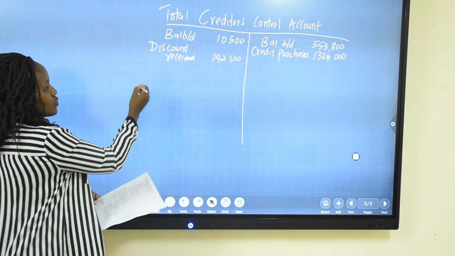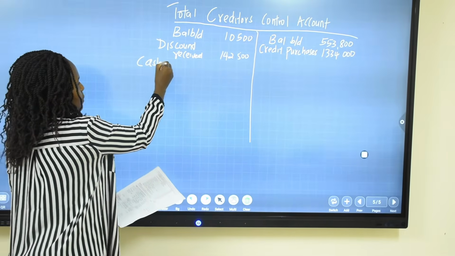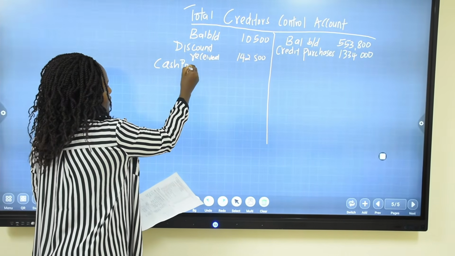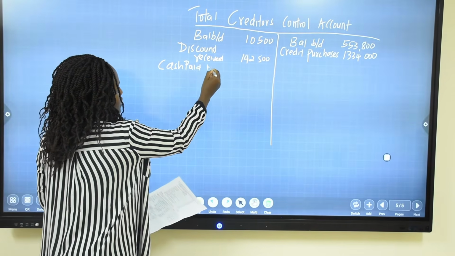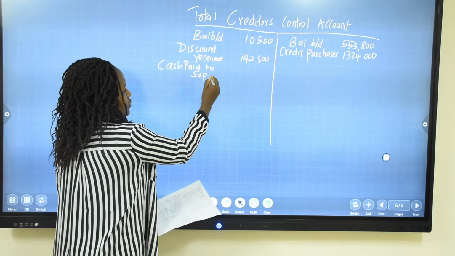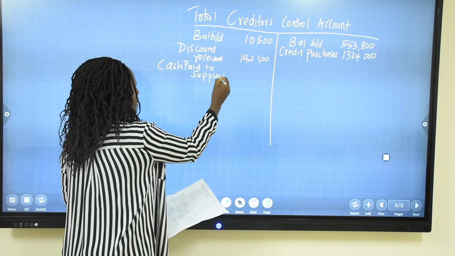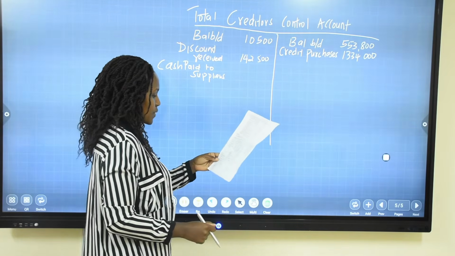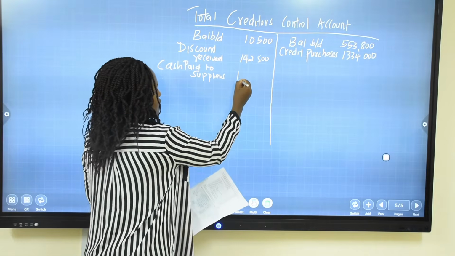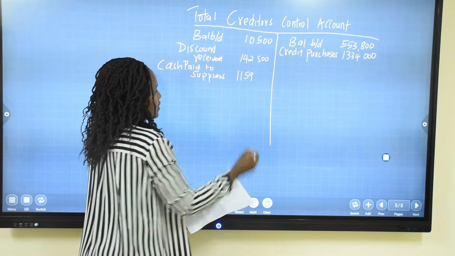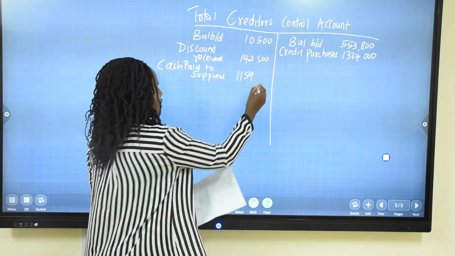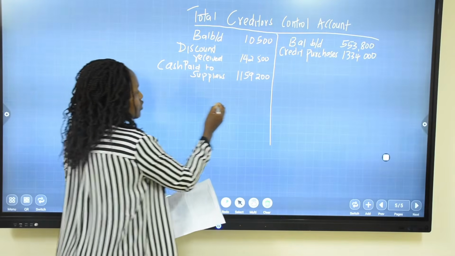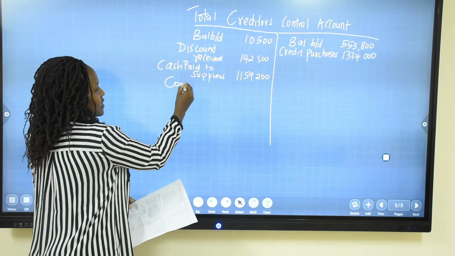So cash payment to the creditors, or cash paid to suppliers. During the month, we paid some amount to the suppliers. That is 1,159,200.